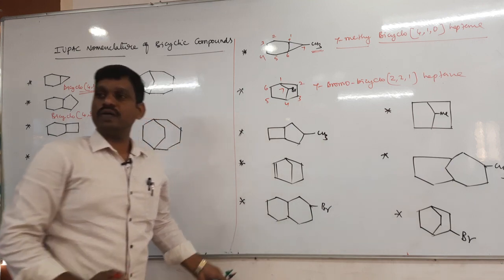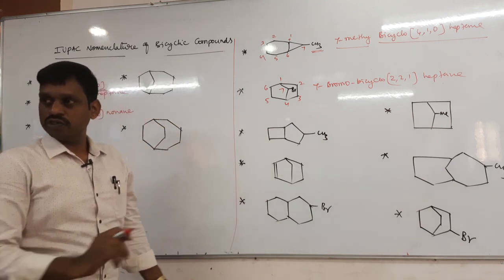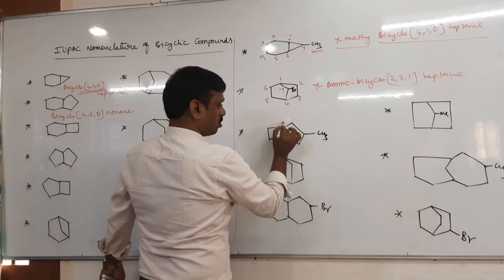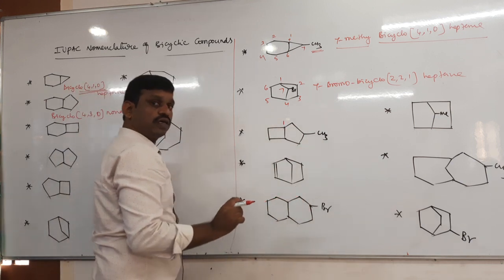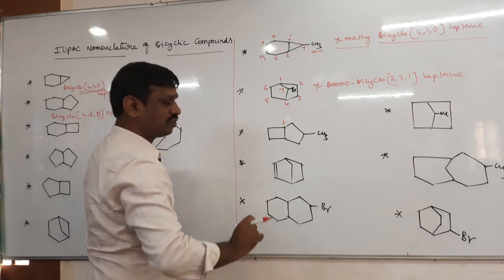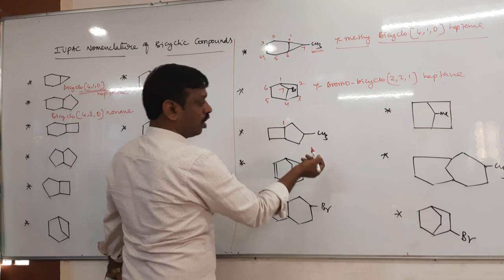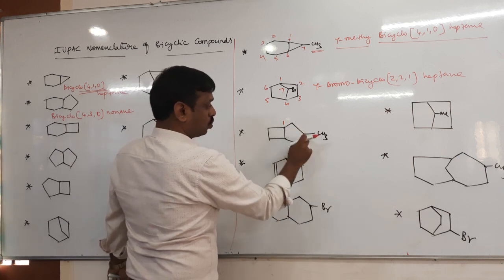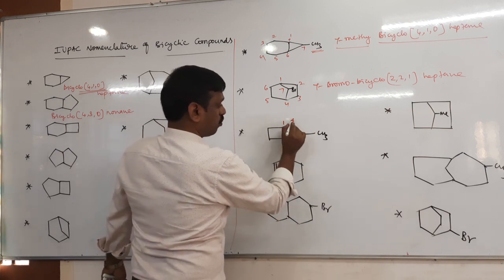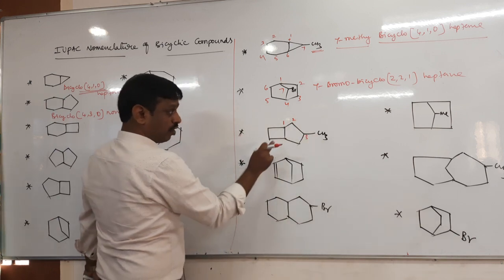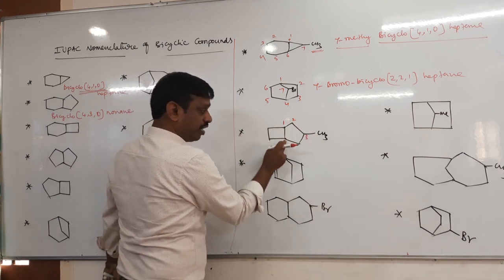If you give the proper numbering, the IUPAC name you can almost write. The bridgehead carbon should get number 1. Proceeding along the longest bridge, it should be 2 and 3. You need not always take 1 at one end, you can take it here also.